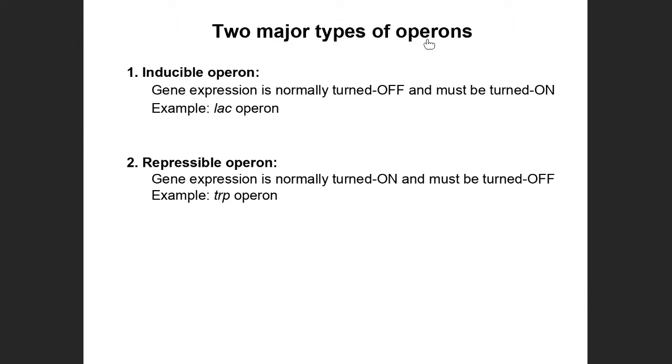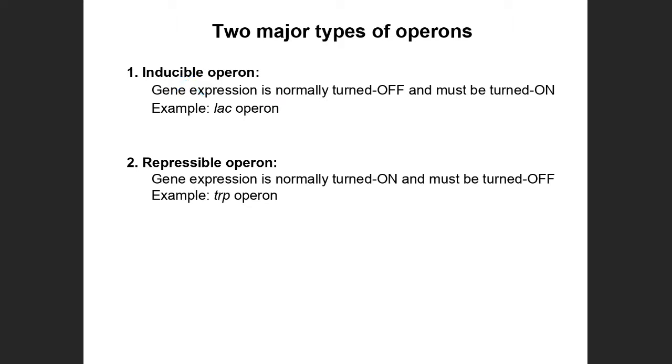Well, they found these operons can be divided into 2 groups based on when or how they're expressed. So there are operons referred to as inducible operons. Inducible operons are normally turned off. That means gene expression is not occurring. No protein is being produced.